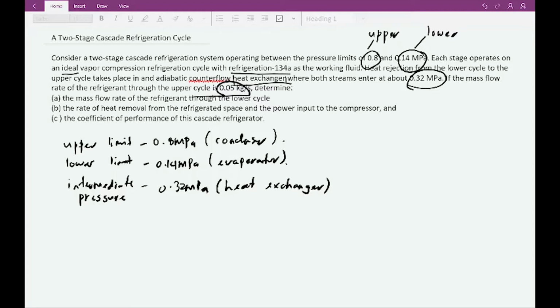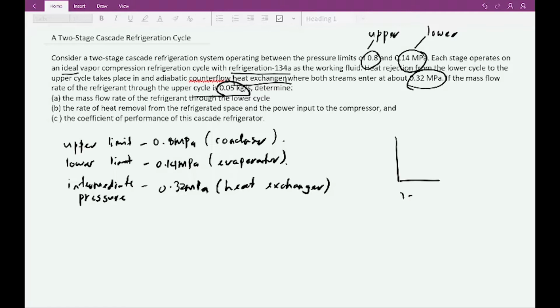Right, so what we are going to do with these pressures is set them and try to sketch the T-s diagram first. Before this, we know that the ideal vapor compression cycle must have at least two pressure limits: the lowest pressure operates at the evaporator, while the highest pressure operates at the condenser.